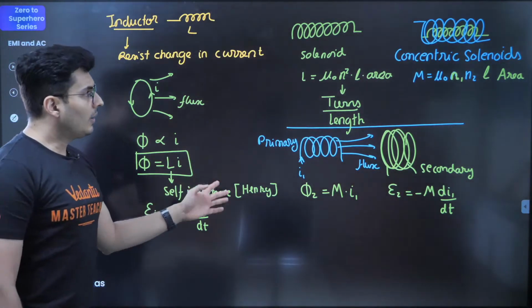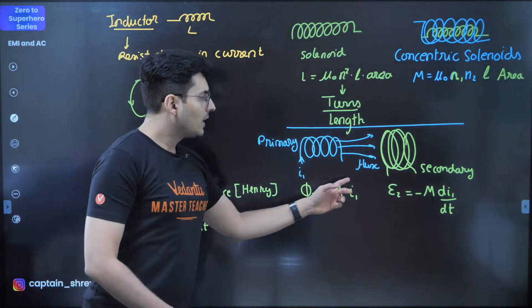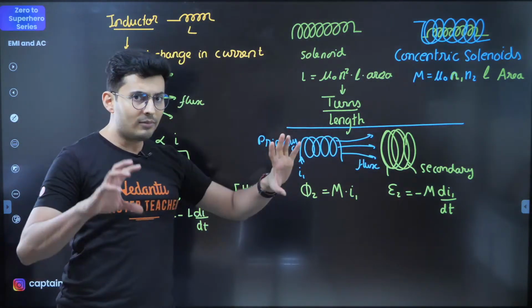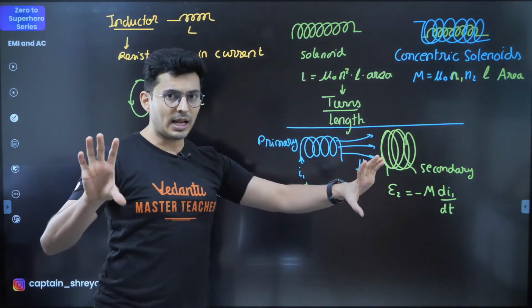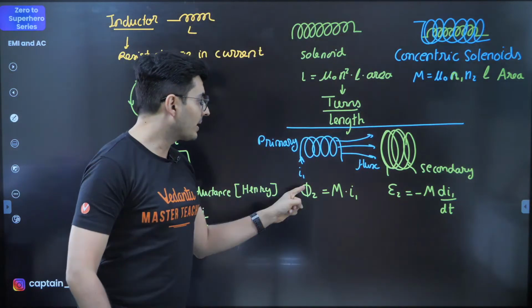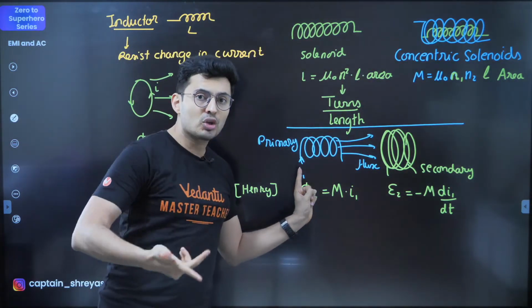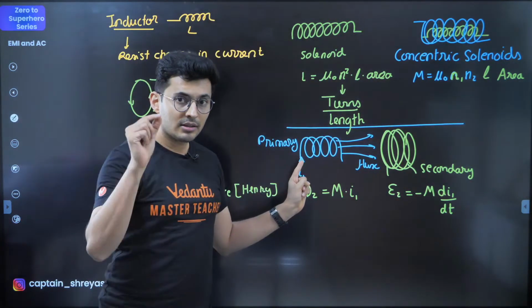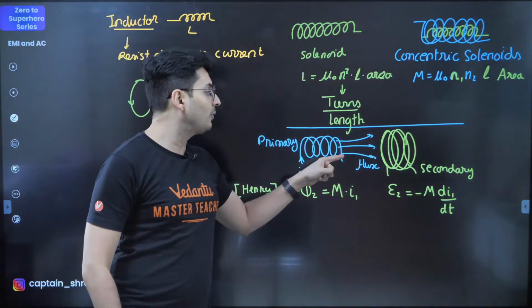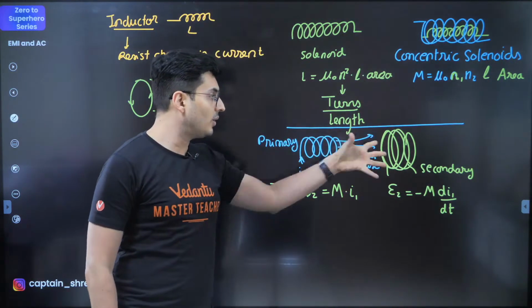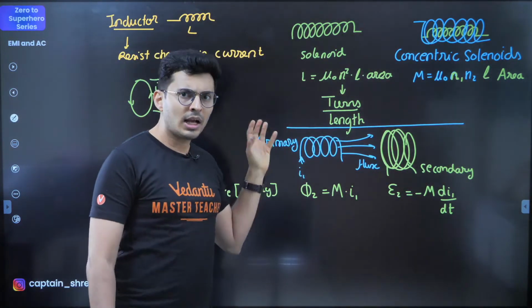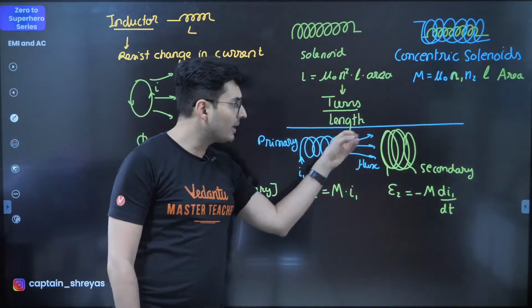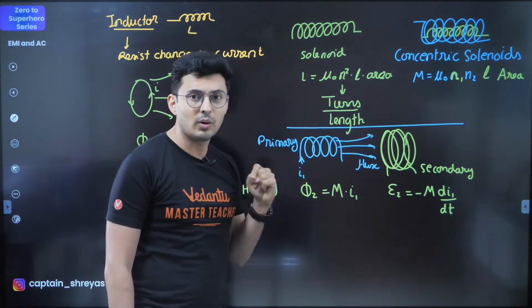Fair enough. Now we'll talk about mutual inductance. Mutual is where you will have two coils. One is called primary, second is secondary. The primary will have an actual current flowing through it, which will change, because of which the field produced, the flux produced by it will change. And some of the flux is piercing through the secondary coil.